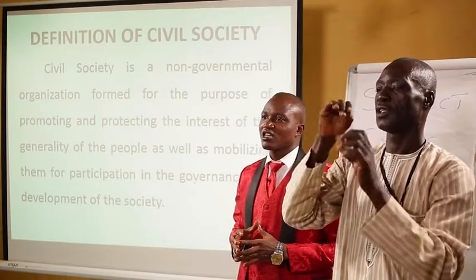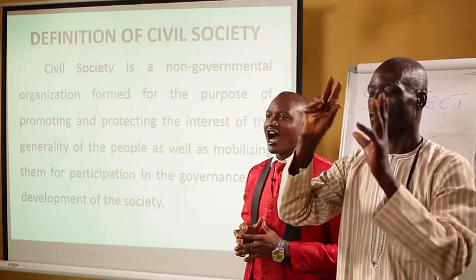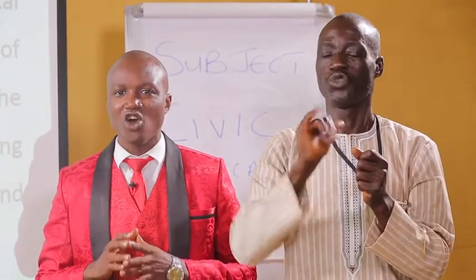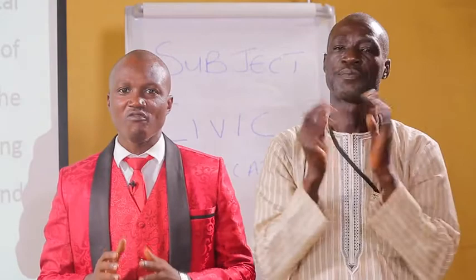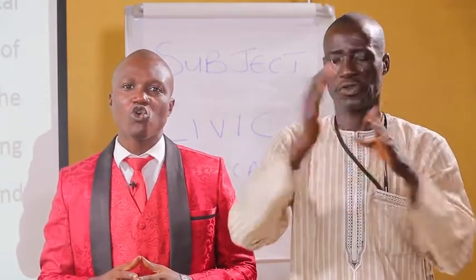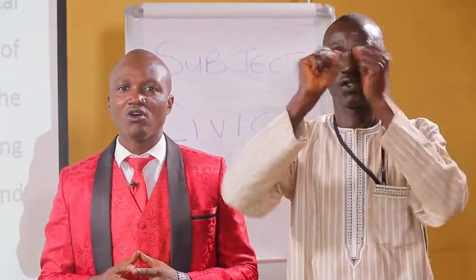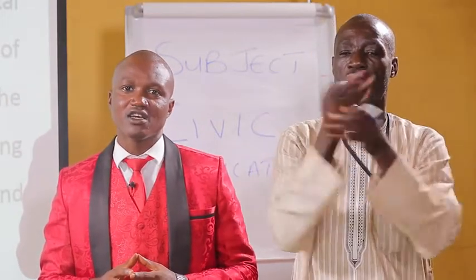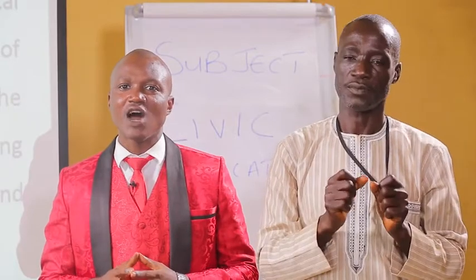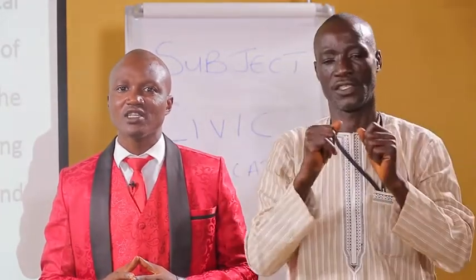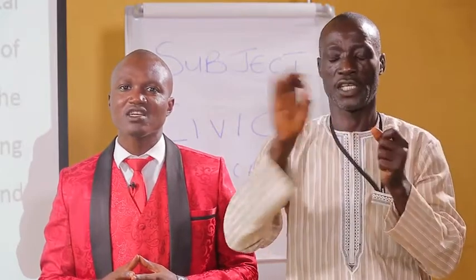In a nutshell, civil society are not political parties. They are non-governmental organizations. That is, the government does not have any control over them. Civil societies are more like freedom fighters. Civil societies are out there to fight against injustice, social ills, social problems, etc.